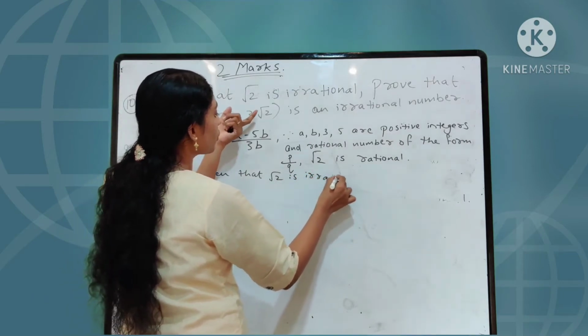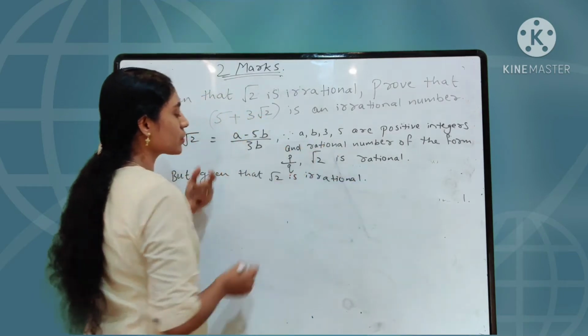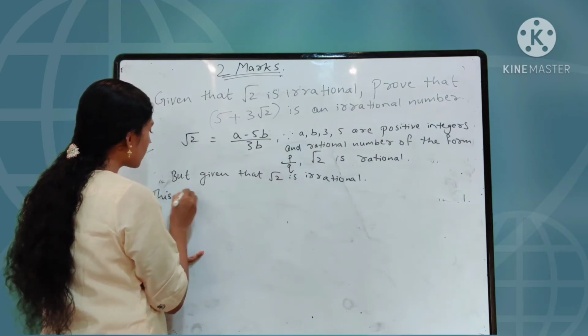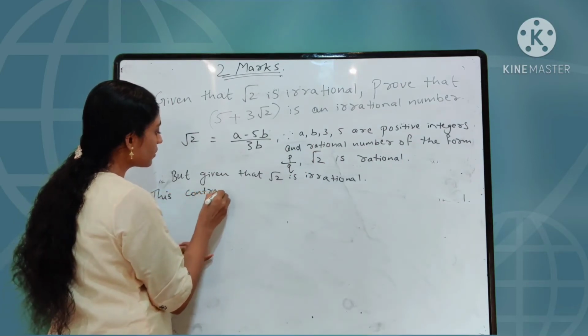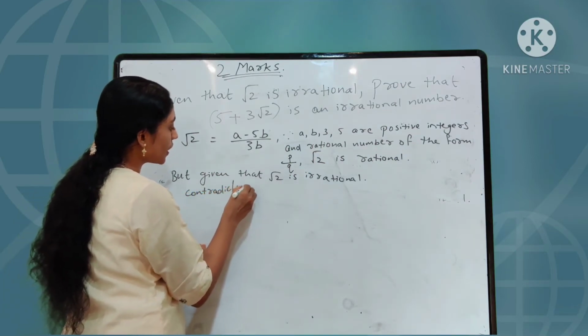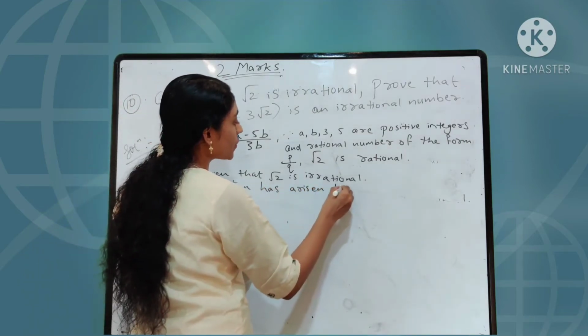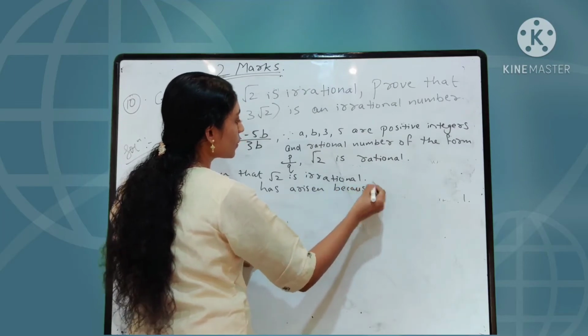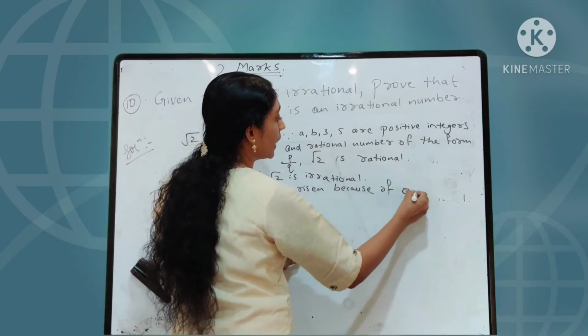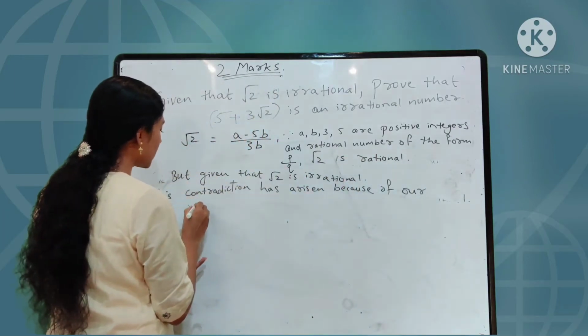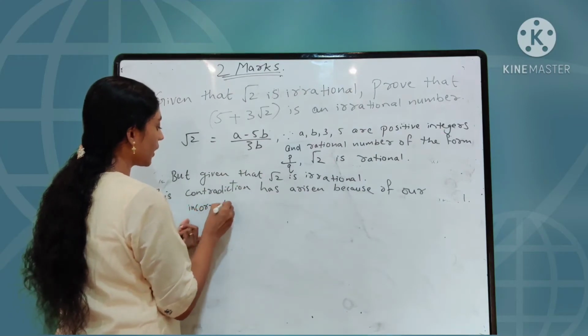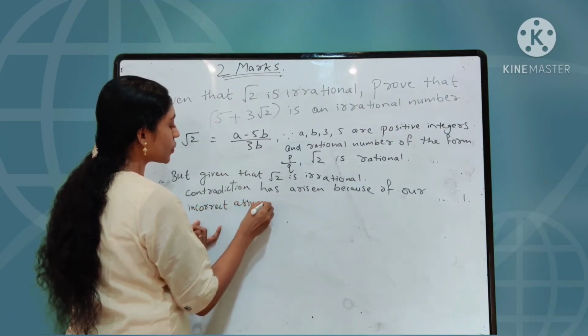But it is given that root 2 is irrational. So we can say that this contradiction has arisen because of our incorrect assumption.